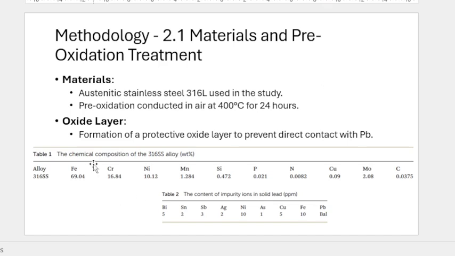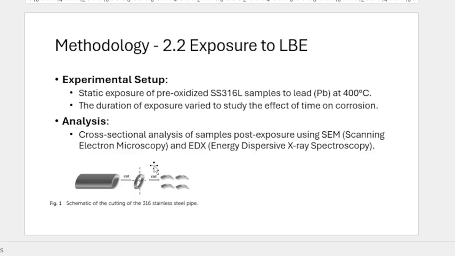These are the chemical composition, and this is the content of impurity in lead. So there is 5% bismuth, and so on, in ppm, sorry. So exposure to lead, it's supposed to be lead, sorry.